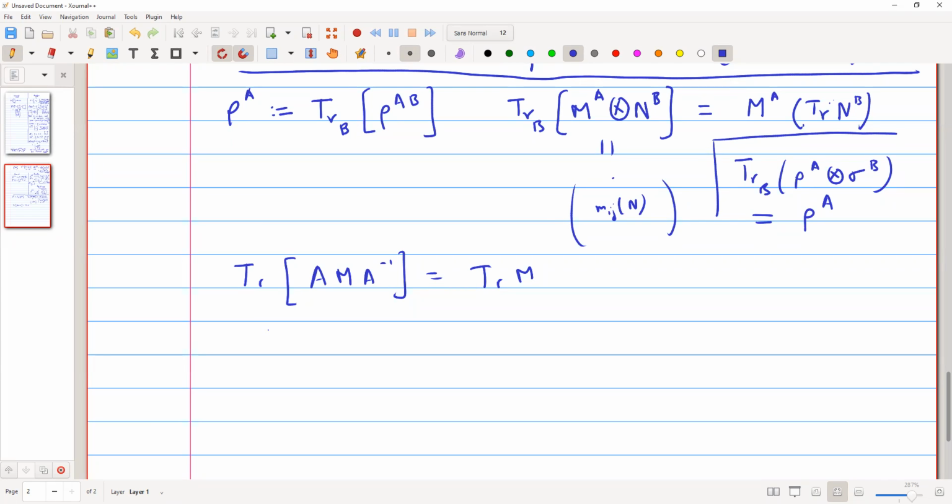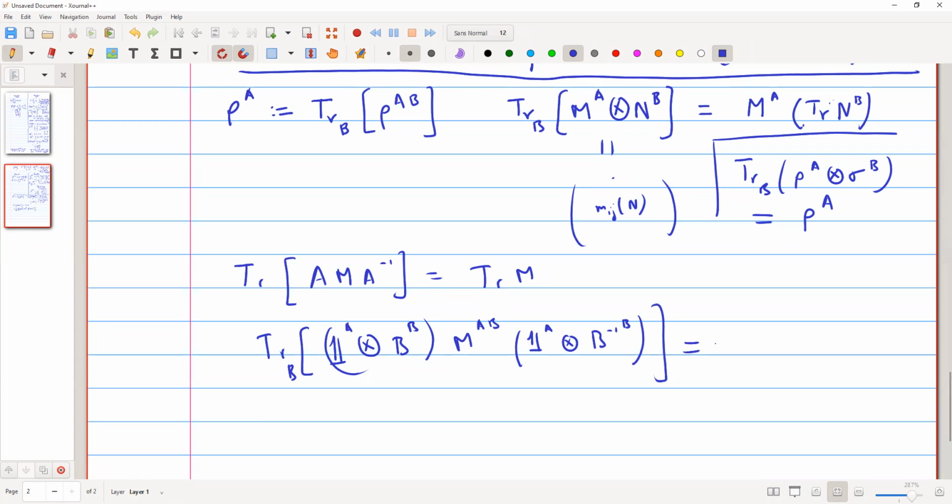The same thing will hold out here also. So for trace out, it will be identity on the system you're not tracing over, tensor some unitary on system B. Remember, M is now on the system AB, and then the inverse of this.